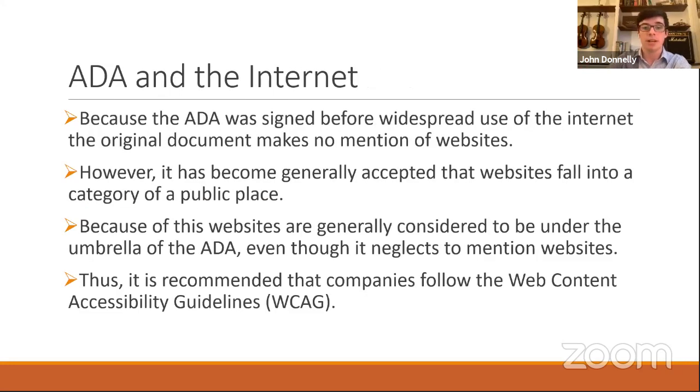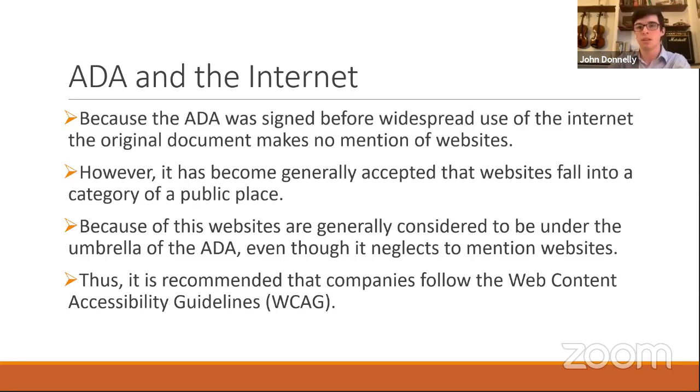So next we have ADA and the internet. Because the ADA was signed in 1990, there was no widespread use of the internet. So it really doesn't make any documentation for websites. It makes no mention of that. However, it's become accepted that websites fall under public places. So if something's a public place, like a school, and the school has a website, the website is considered to be required to be ADA compliant.